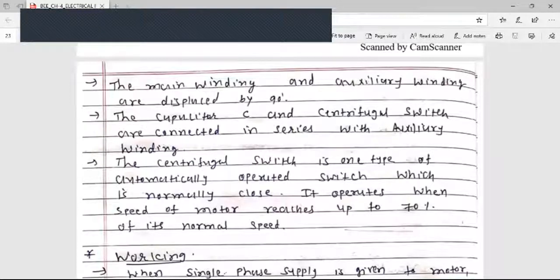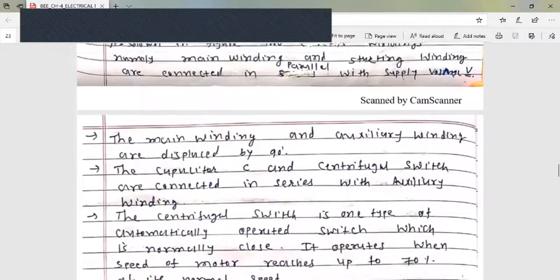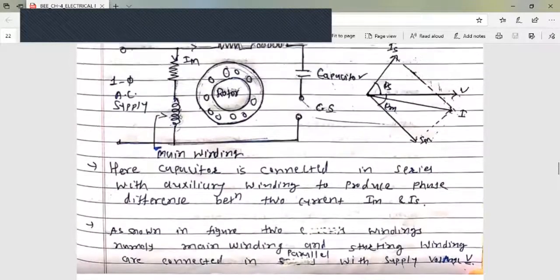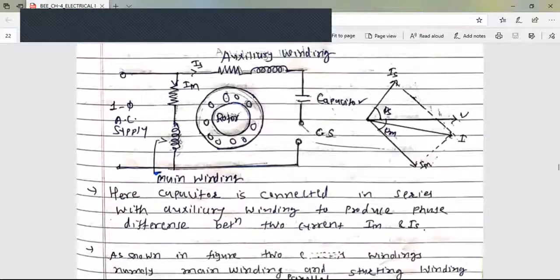See here in the figure. Current to the main winding. This is the current to the starting winding, but here a capacitor is connected in series.